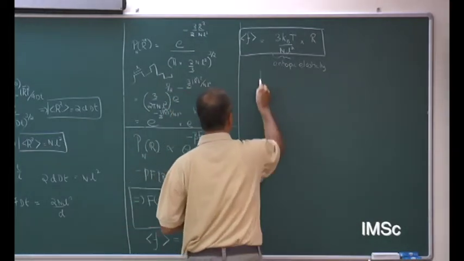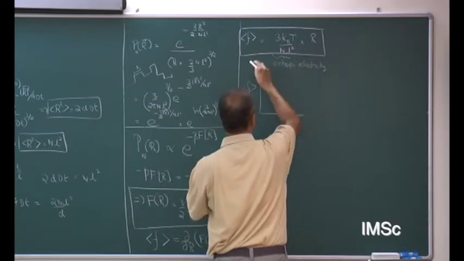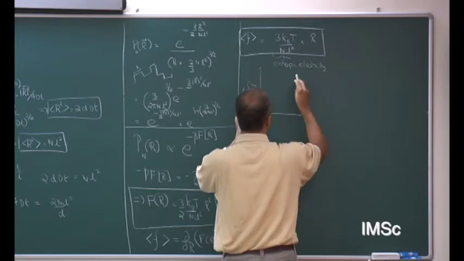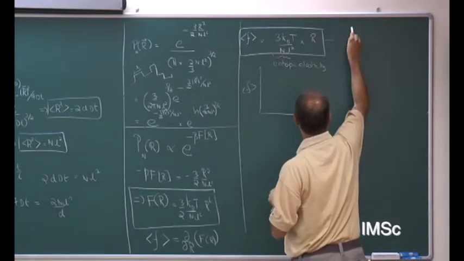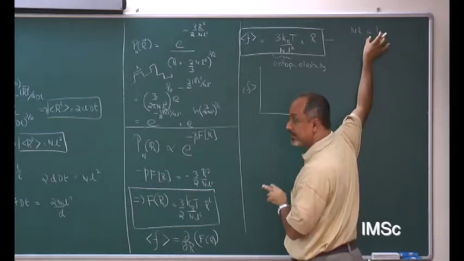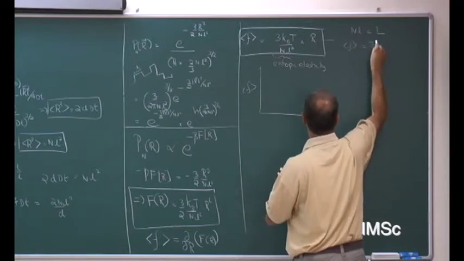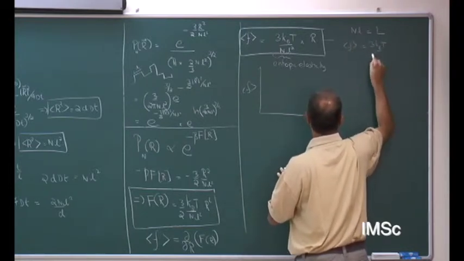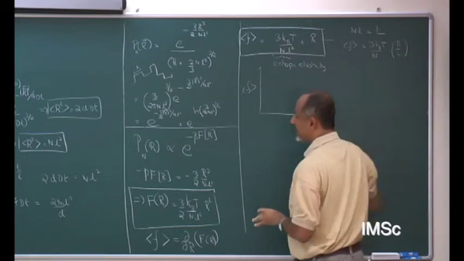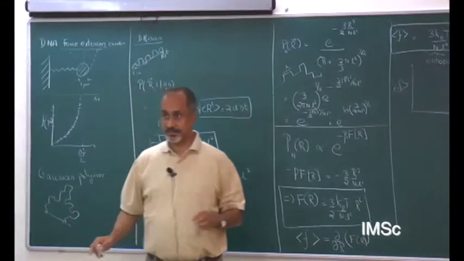All right, so what this is saying is that if I plot F here, and r, I can normalize it by dividing by the extension. It doesn't matter how I define that particular object here. So for example, I can say n times L is the total maximum length, capital L. So I can pull that factor in and I get average F equal to thrice kBT divided by n times r divided by L. But r divided by L is the analog of this quantity here, the delta x.